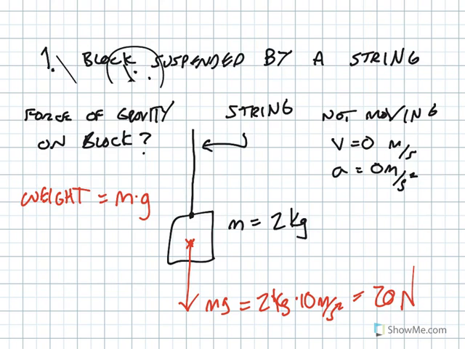Okay, then what's the tension in the string? Remember that for a string, if that string is exerting a force, we call it tension. That string is holding the block up.